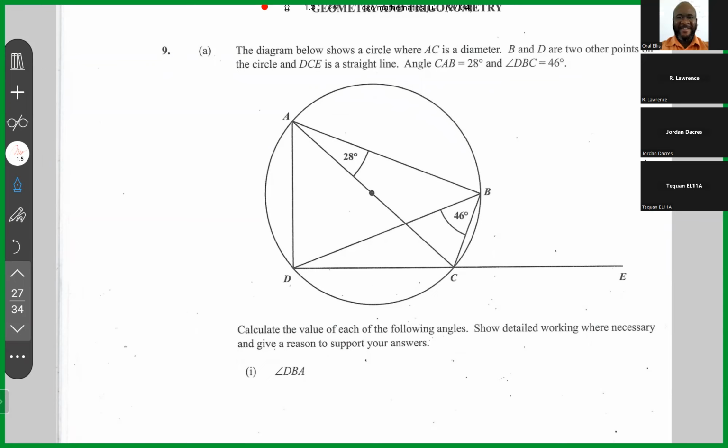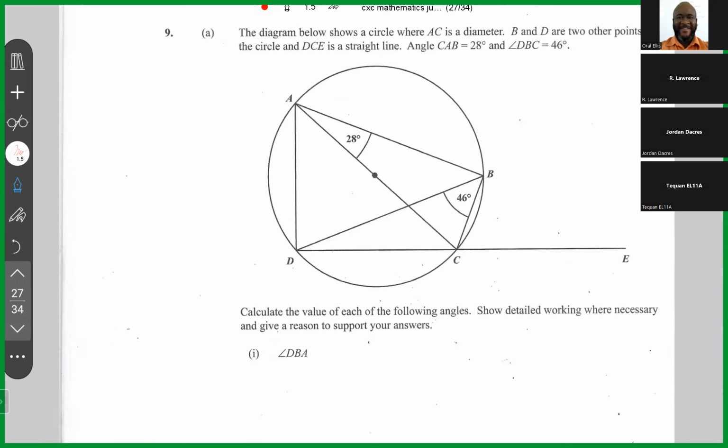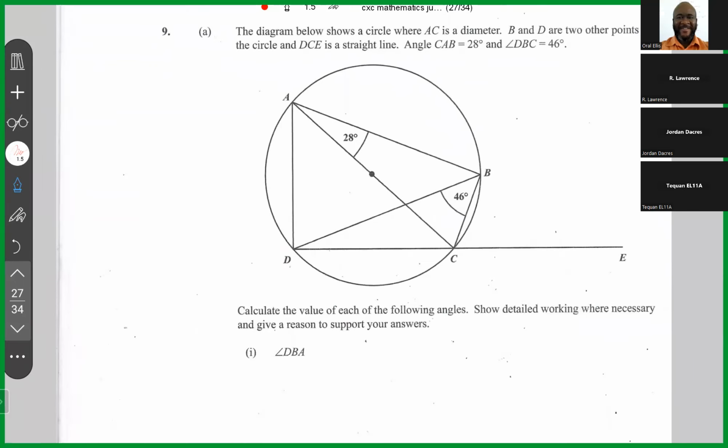So we're asked to calculate the value of angle DBA. Let's identify the angle. It's angle DBA, that's this angle here.